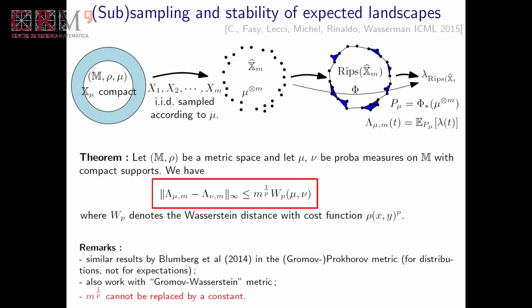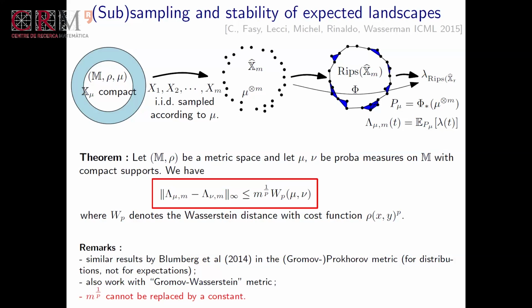So if I sample according to a measure mu, I call lambda mu m of t the expectation of the landscape that I obtain by doing this. And now, if I sample according to measure nu, I get lambda nu m. m is the number of points I sample.